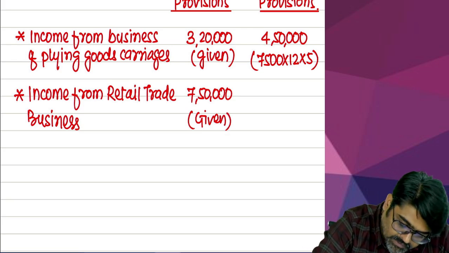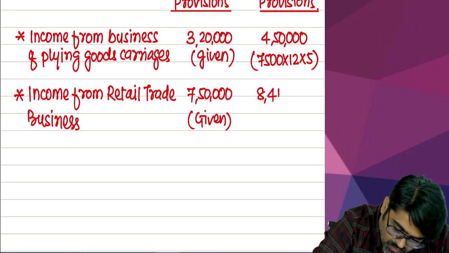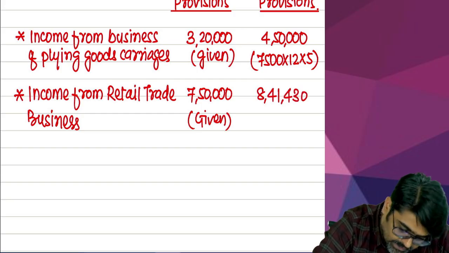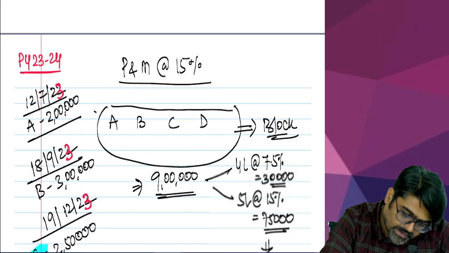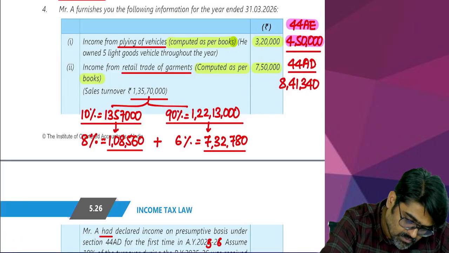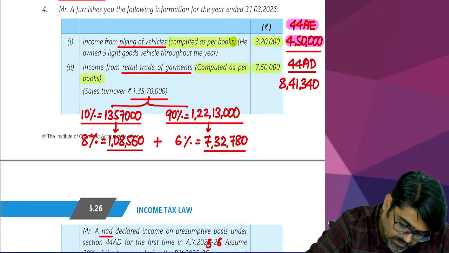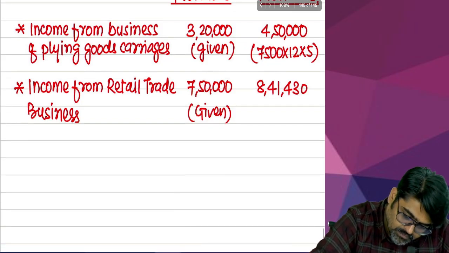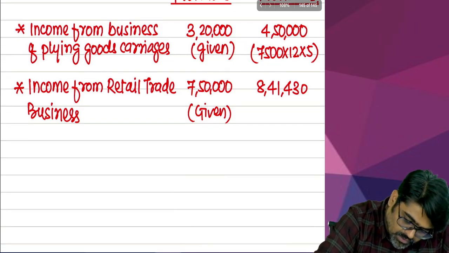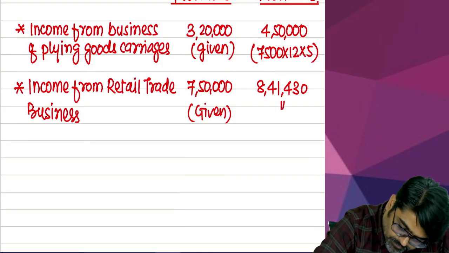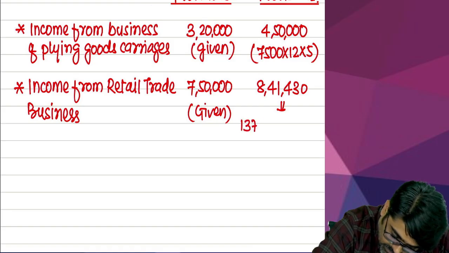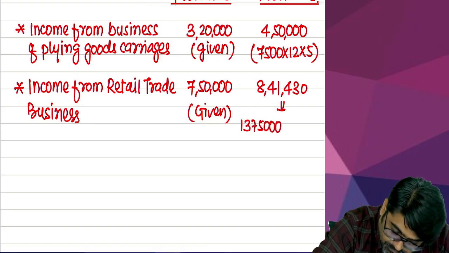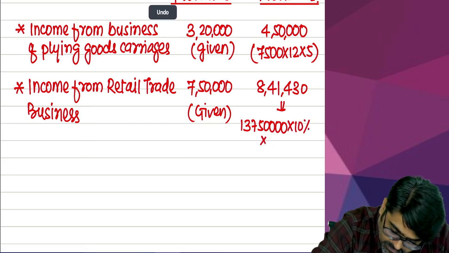But as per presumptive provisions it is 8,41,430. 8,41,430, no? And how did you calculate that 8,41,430, guys? How did you calculate that? For this calculation you are going to show 1,37,50,000 into 10% into 8%.